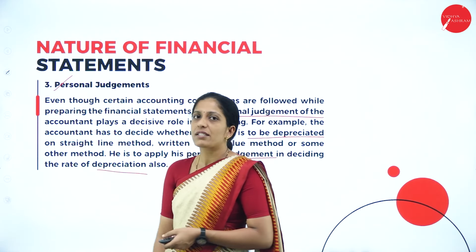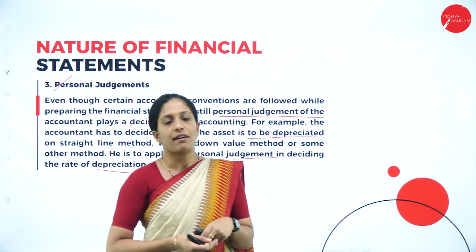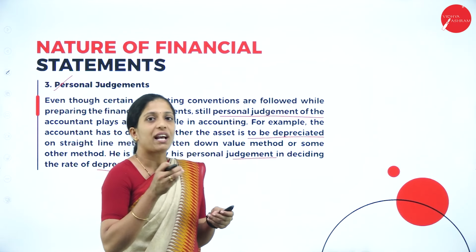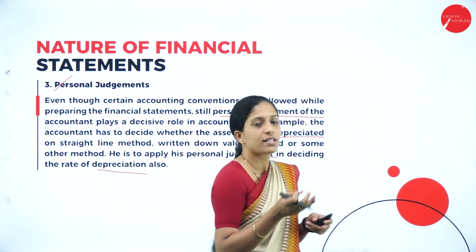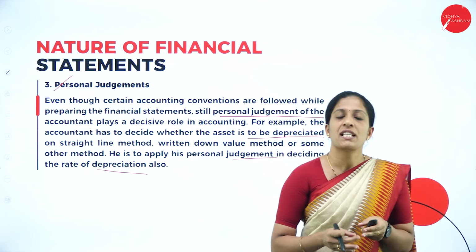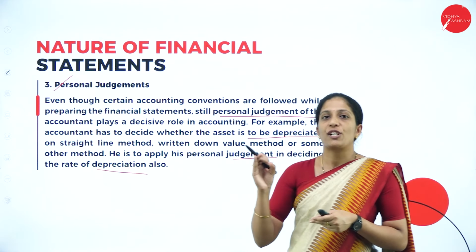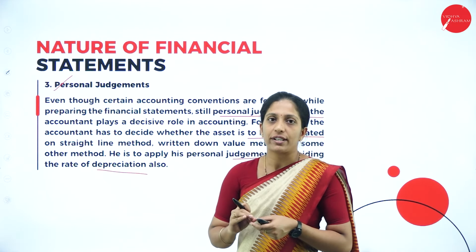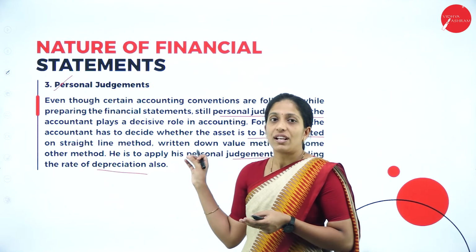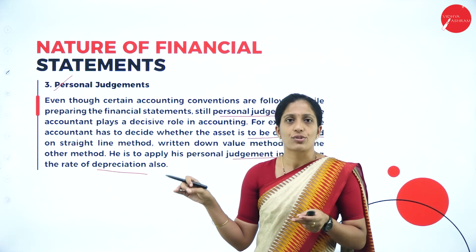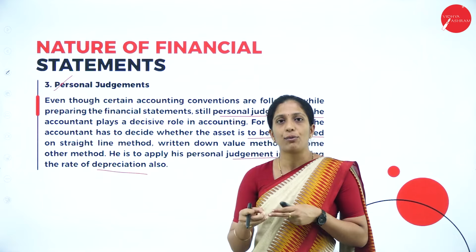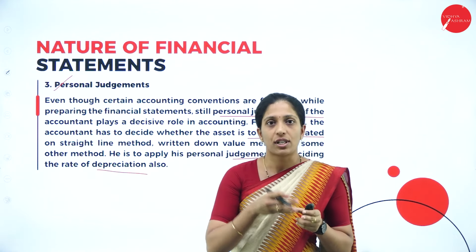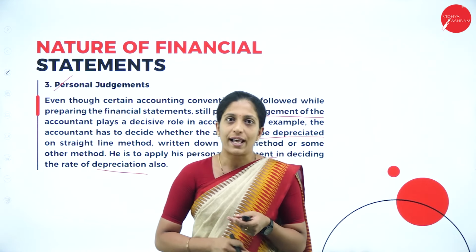Even though we are following certain rules, regulations, conventions, concepts, still the personal judgment of an accountant plays a very important role, for example in calculating depreciation, whether to follow the straight line method or the written down value method.